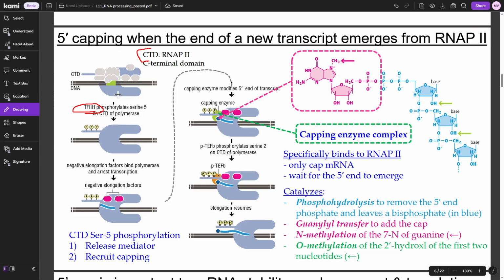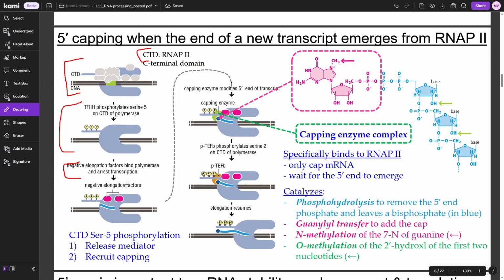Basically what's going to happen is you're going to phosphorylate the carboxyl terminal domain of the polymerase, right? And this is while transcription is happening. So transcription starts up here, and then you're going to phosphorylate these things, right? And transcription is still happening. But when that phosphorylation does occur, these negative elongation factors, these repressive proteins, are going to bind the polymerase and arrest transcription.